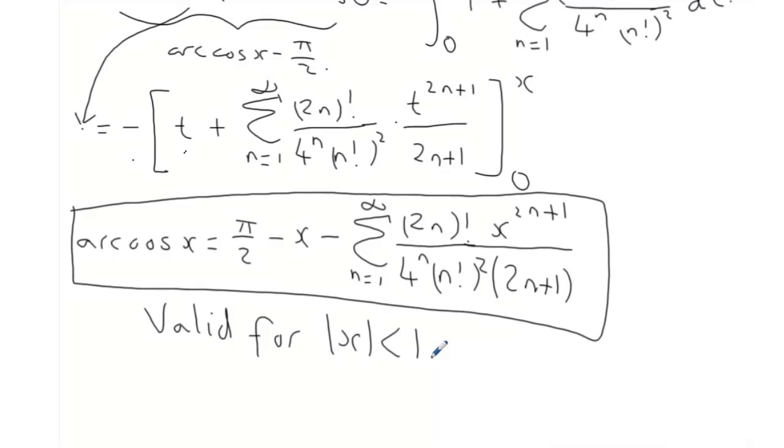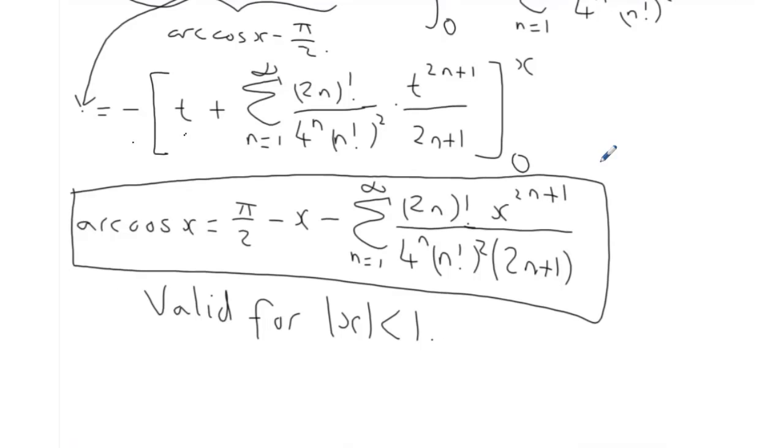But we do need to think about this in the context of arc cos x. So basically the domain of arc cos x is x between minus 1 and 1. We know that because if you think about arc cos, it's the inverse function of cos x.